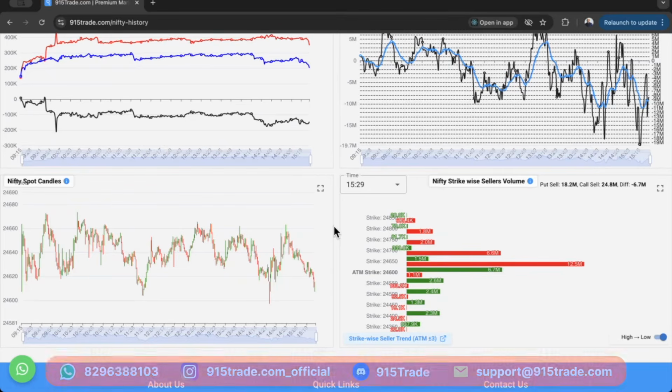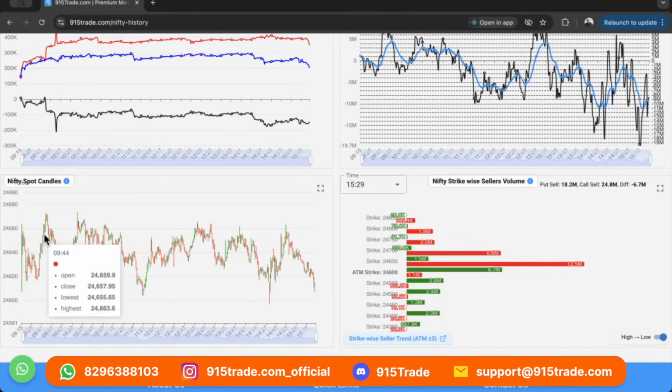to take trades only when the price reaches a strike. For example, either you take an entry at 24,600 when the price hits 24,600, or when the price reaches 24,650.